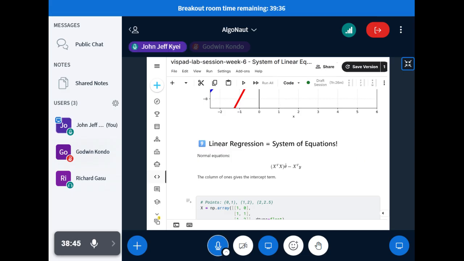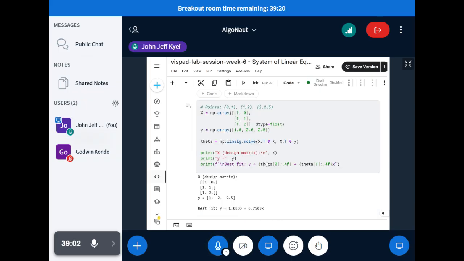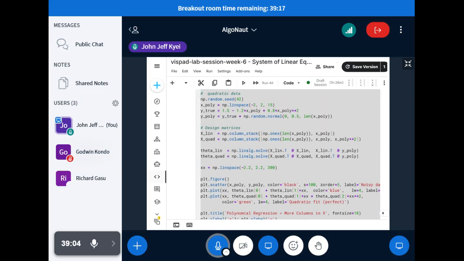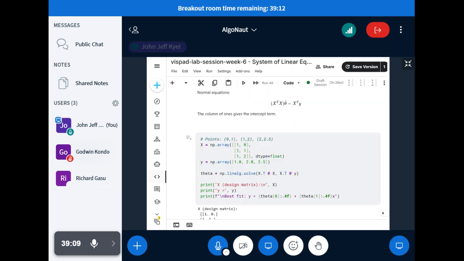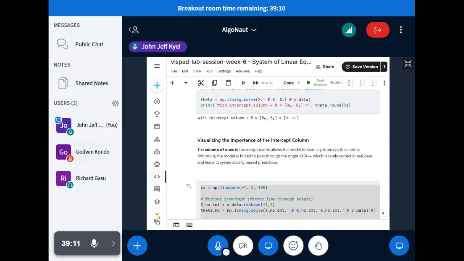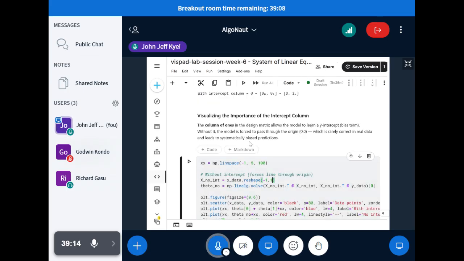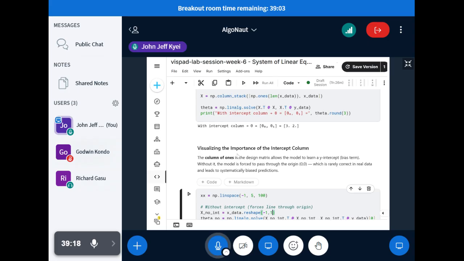So this is the last part of the notebook, which is the linear regression, trying to come up with a line of best fit and all of that. We'll do it with linear regression, with a linear equation, and also with polynomial regression as well, and try to understand why we include the intercept column of ones in the design matrix, right?